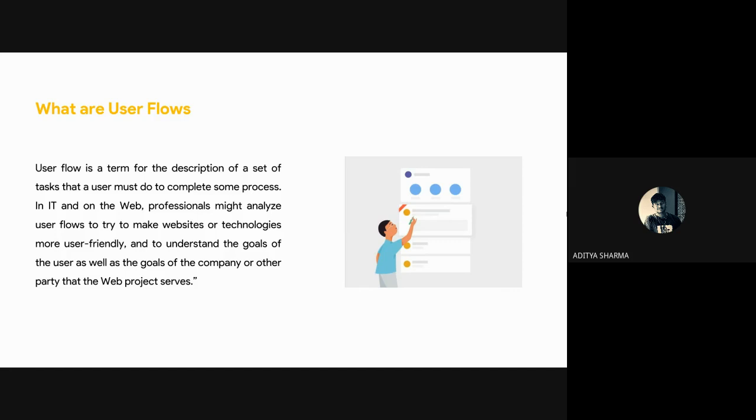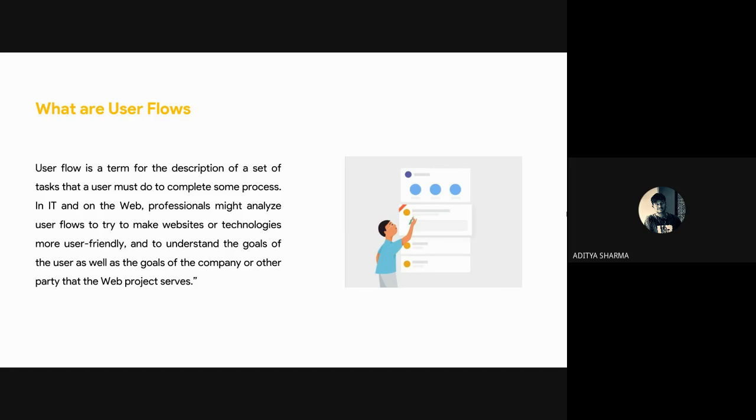Suppose the user needs to accomplish some task, like he needs to book a cab, or he needs to order something. So what should be the flow of those elements, and how should that be followed, right? This will be the user flow of the application.